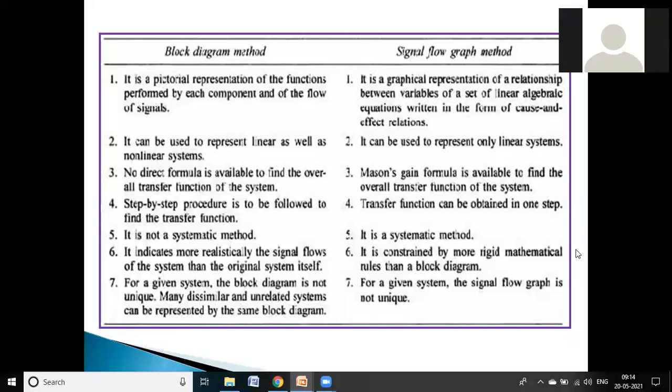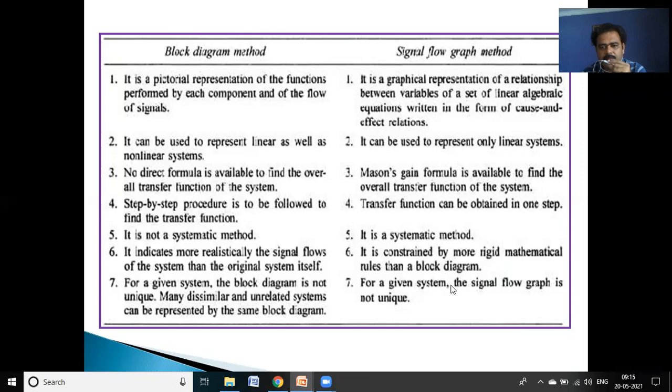So what is the output of a field winding? What is the output of an armature winding? What is the input for a mechanical system? Like that it gives more realistic information in block diagram. So that's why block diagram is used to represent complex systems. Coming to signal flow graph, it consists of more rigid mathematical rules than the block diagram.